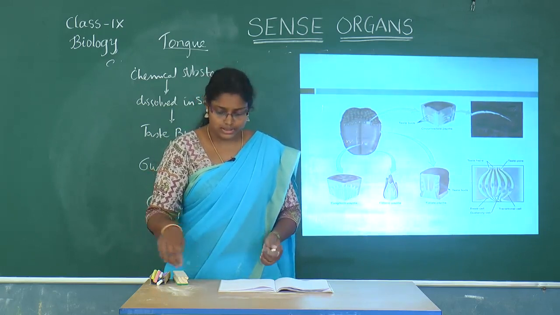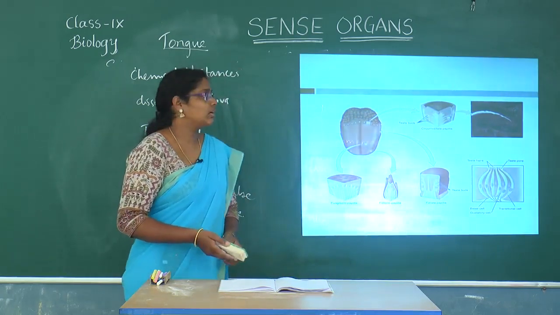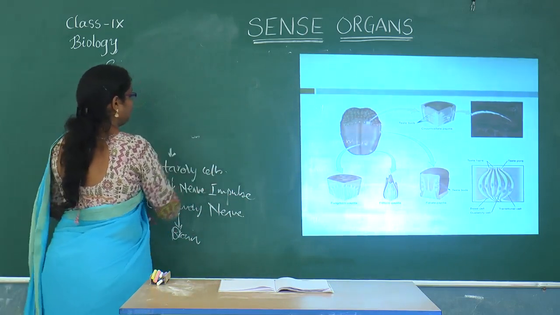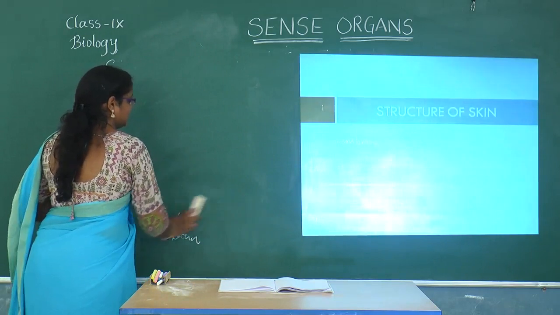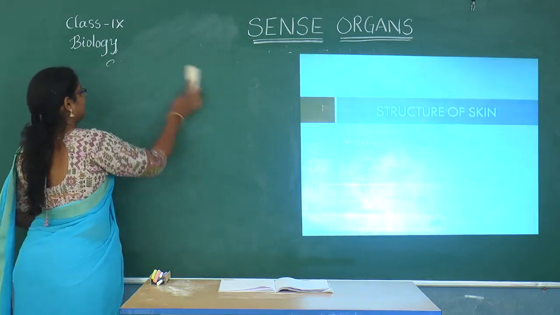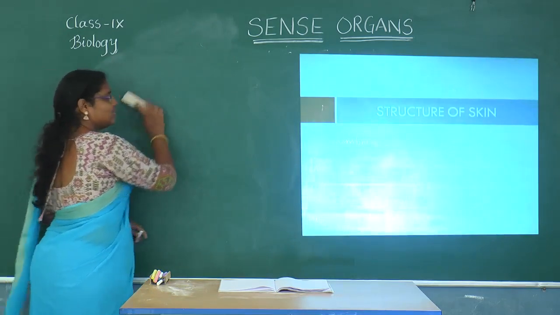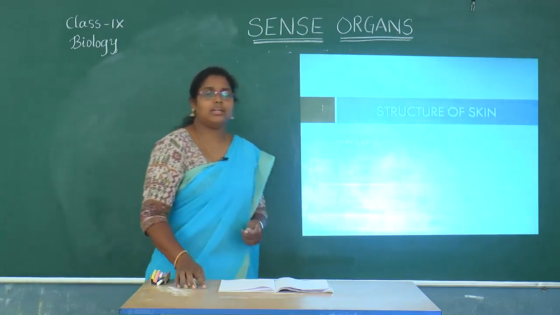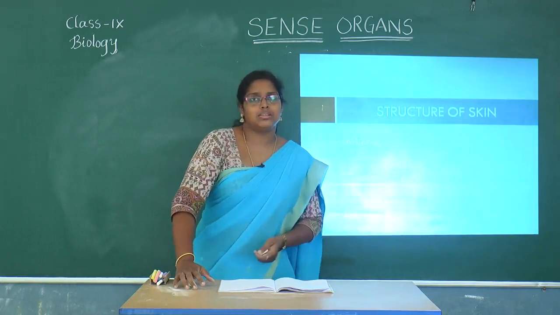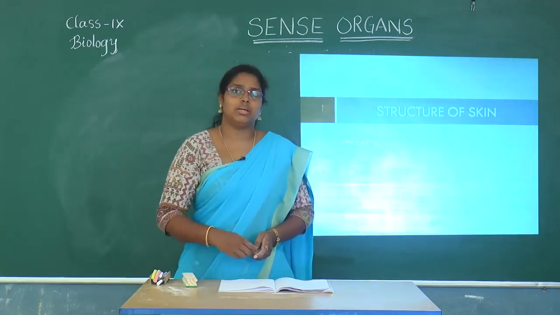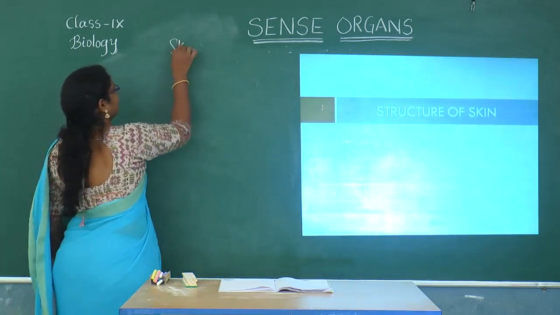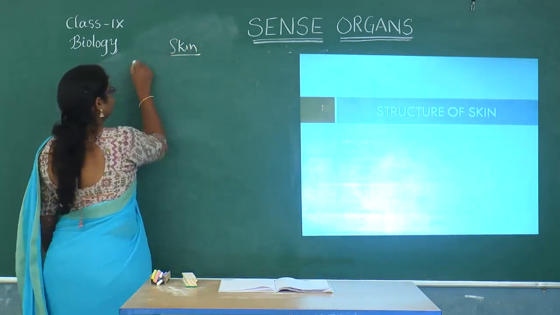And next, coming to the other sense organ, that is skin. We know that skin is a very important sense organ, not only because it is sensing the stimulus, but because it is the first line of defense.